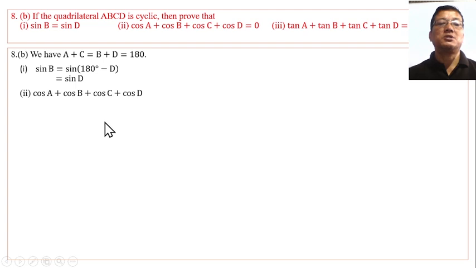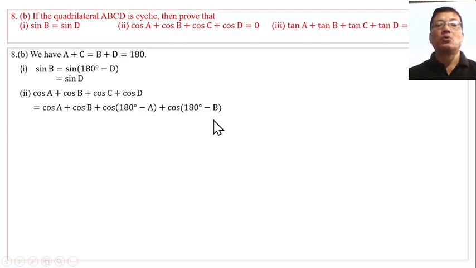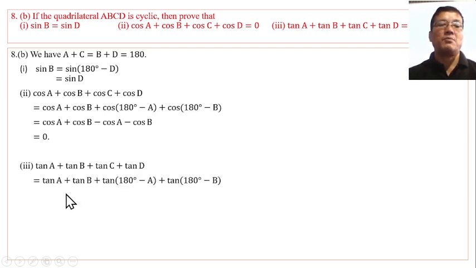Roman number 2: cos of 180 degrees minus A gives cos C, and cos of 180 degrees minus B gives cos D, so cos A is minus cos C, and the second quadrant cos B is minus cos D, so it comes to 0. Roman number 3: tan A minus tan C is zero, hence proof.